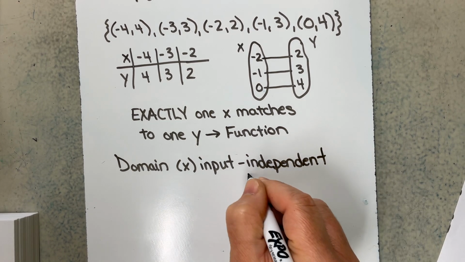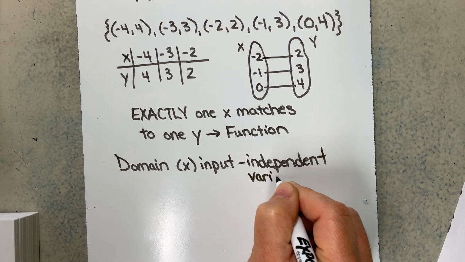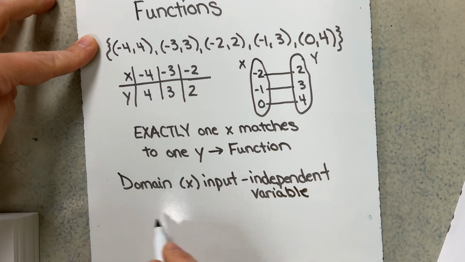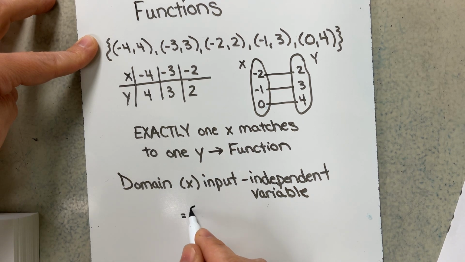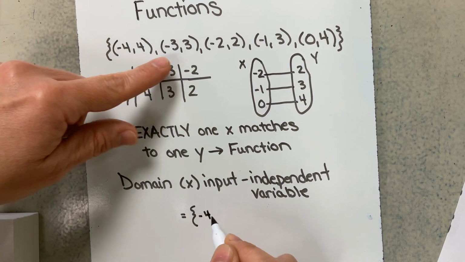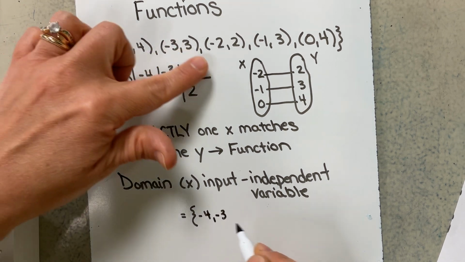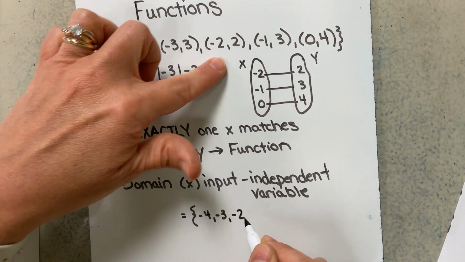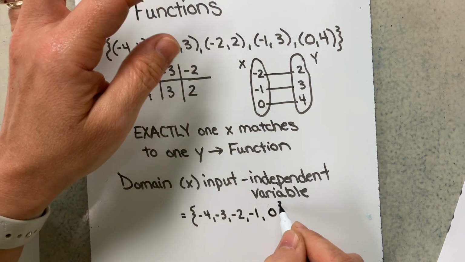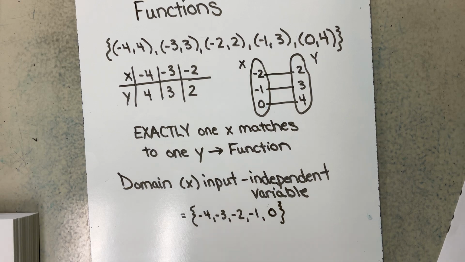Okay. So when I look at this example above, I'm going to go all the way back to this one. My domain is the set of -4, -3, -2, -1, and 0. That is my domain. That is my x values.